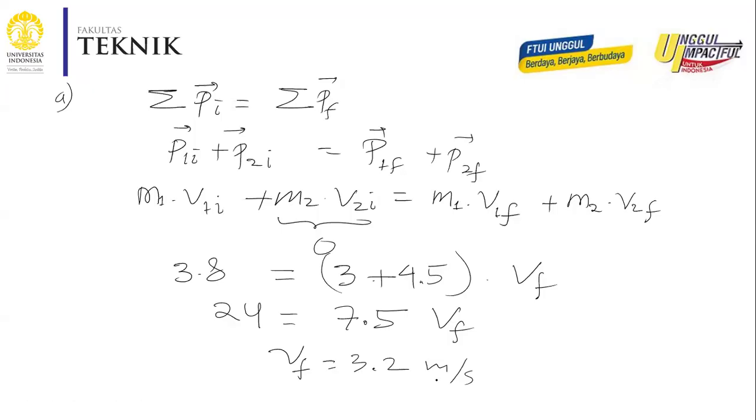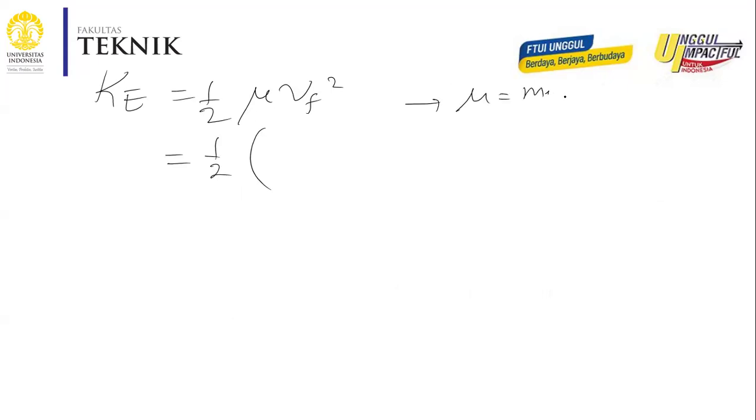So actually the initial kinetic energy is equal to the spring potential energy. We can get the kinetic energy as half mu v relative squared, where mu is mass 1 times mass 2 divided by m1 plus m2.